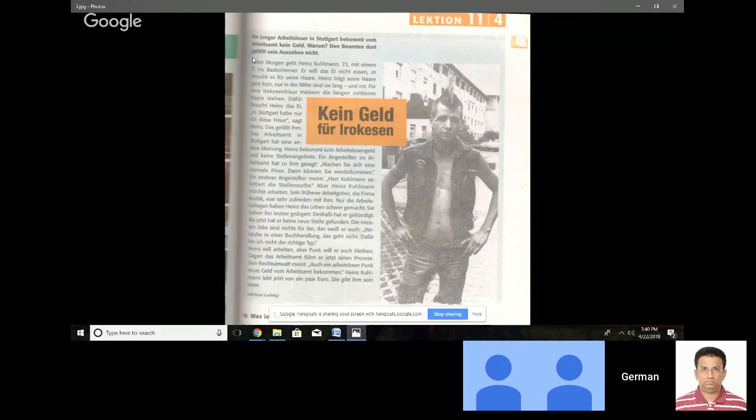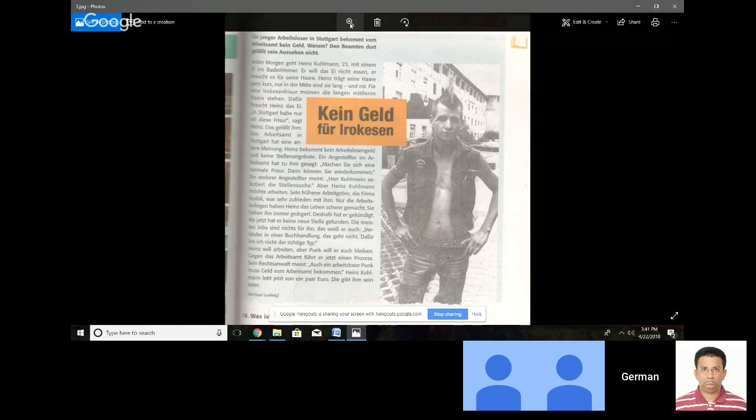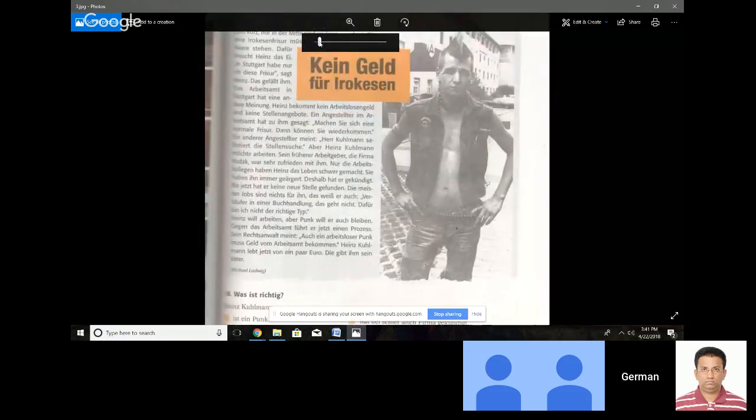Can you move that cursor, please? Yes. Okay. Jeden Morgen geht Heinz Kuhlmann, 23, mit einem... What is that? I cannot see the left side clearly.